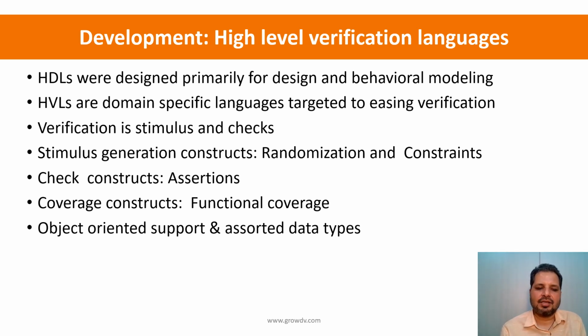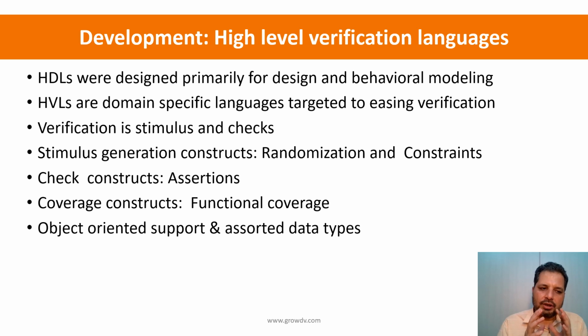Pure randomness is not useful. So constructs like constraints enable you to generate pseudo random stimulus that is meaningful. As we talked about, you want the stimulus to be generated as per the configuration that you have selected, as per the modeling or the programming of the DUT that you have done.